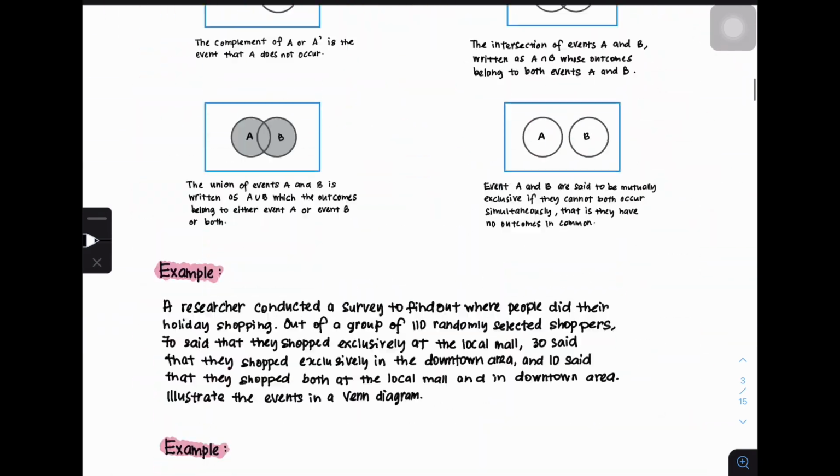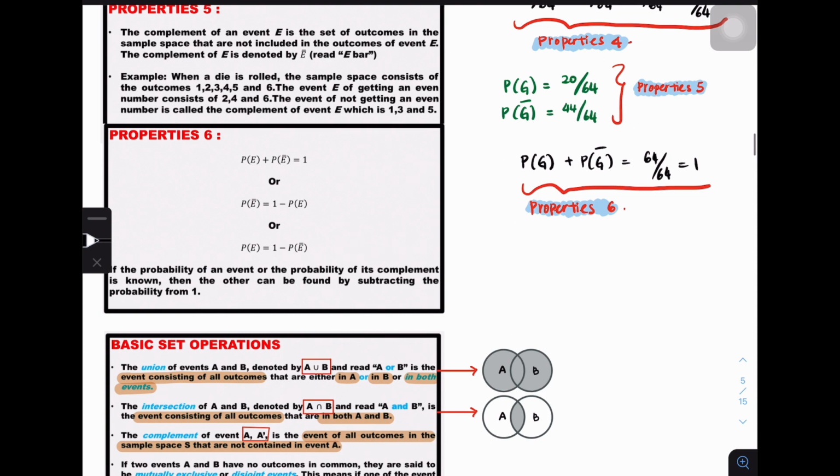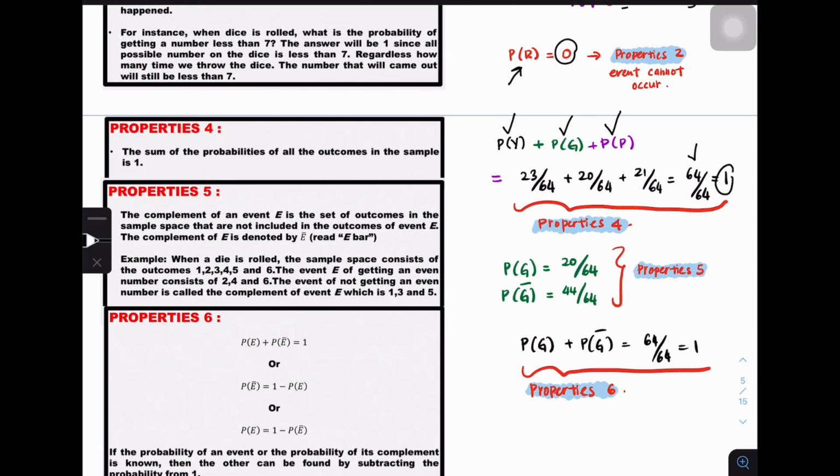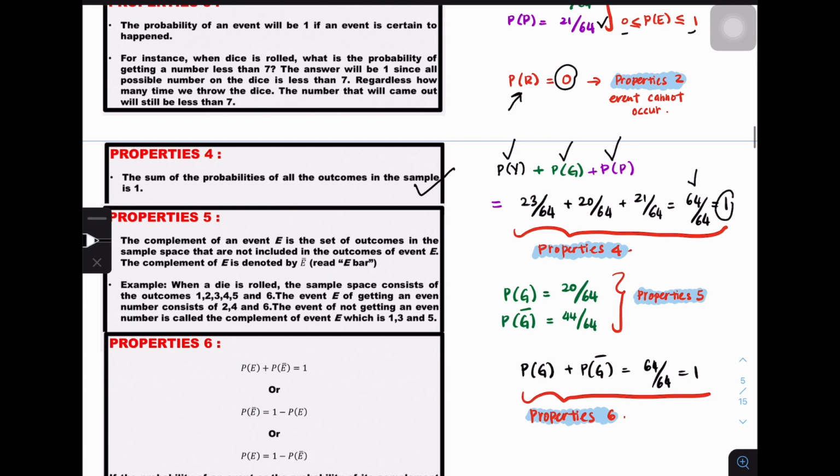So, ini adalah properties number 4, di mana hasil tambah ke semua probability of a outcome in the sample space must get equal to 1. Okey, hasil tambah semua probability dalam sample space mesti dapat sama dengan 1. Okey, so itu adalah 4 properties pertama yang awak kena ingat untuk kita punya probability concept.